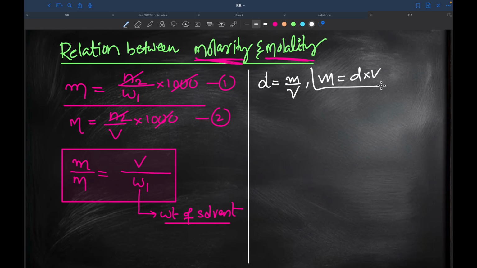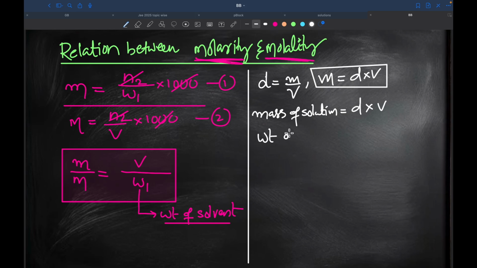This is the formula we are supposed to use. So first I'll find the mass of solution, the mass of the whole solution, which equals the density of the solution into the volume of the solution. This is the mass of the solution.